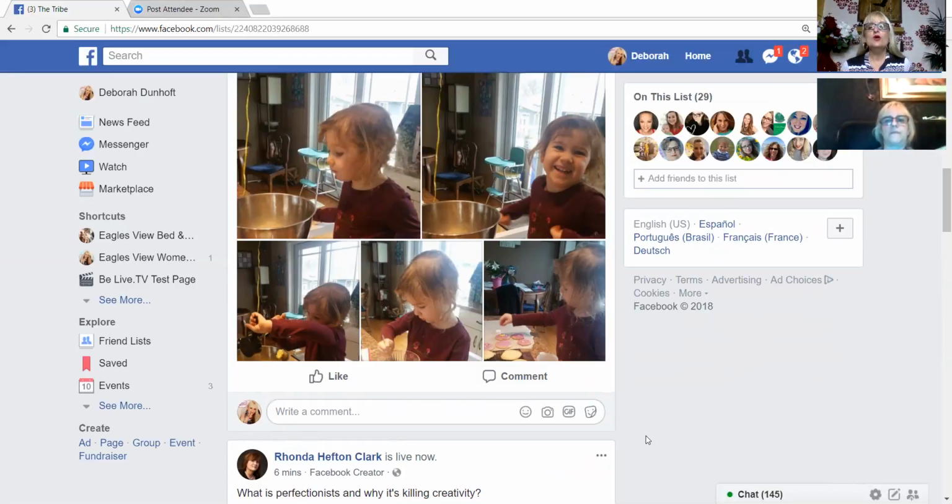Same thing with your friends list. If you go into your guest list and you see a post that really touches you, maybe it's about one of their grandchildren or what have you, you put an amazing comment and then ask a question at the end. It all depends on the post. Like this post you see right here with the little girl cooking.